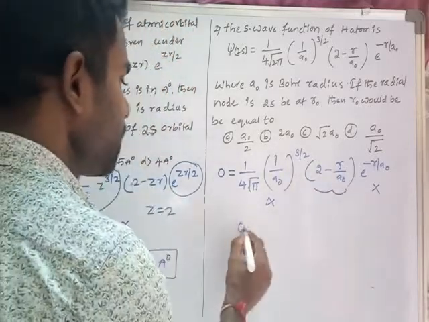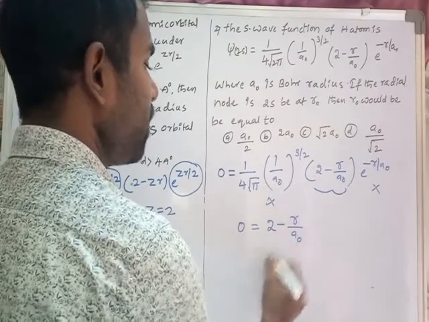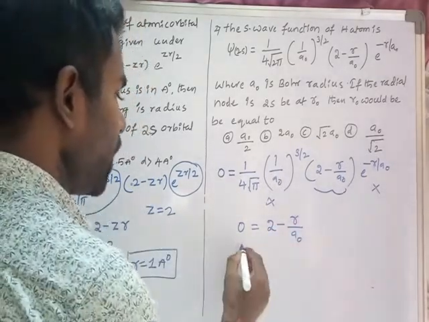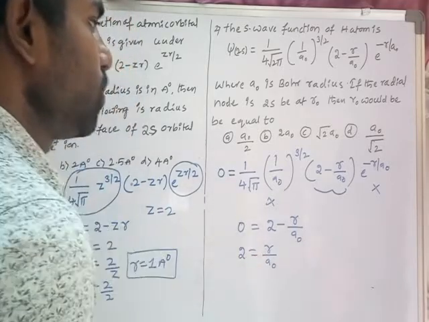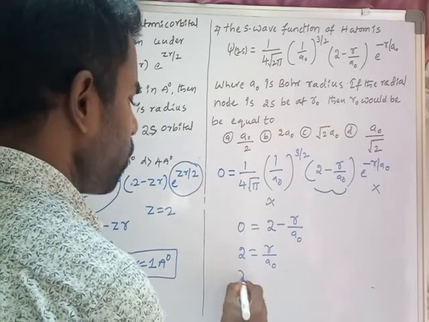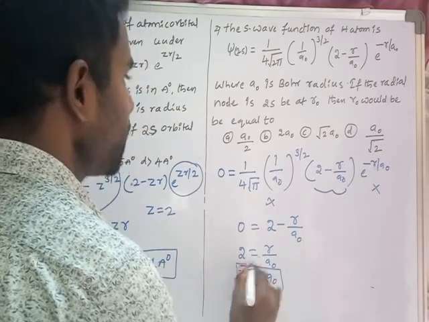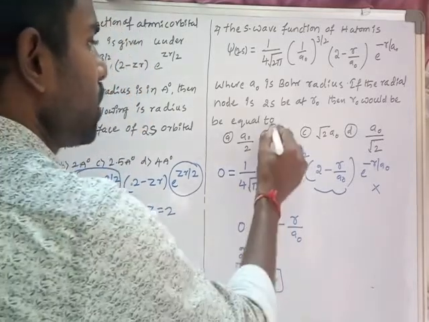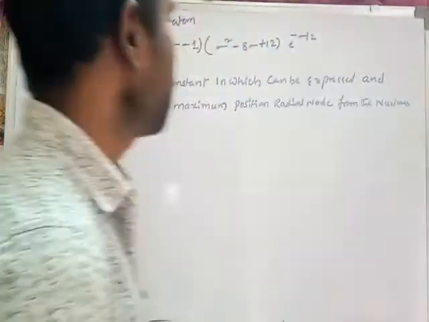Now we can write 0 equal to 2 minus r by a0. From that what we can write? 2 equal to r by a0. Then r equal to 2 into a0. So here this is the answer: r equal to 2 a0. So here this is the third question.